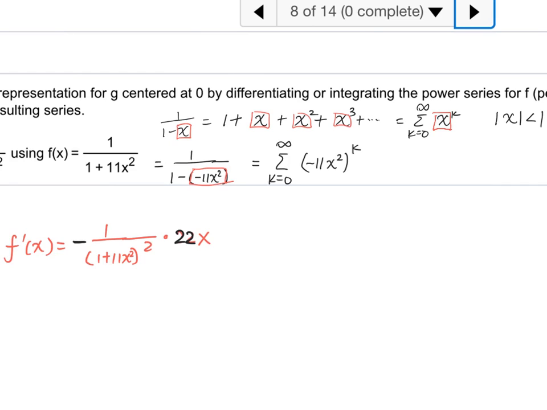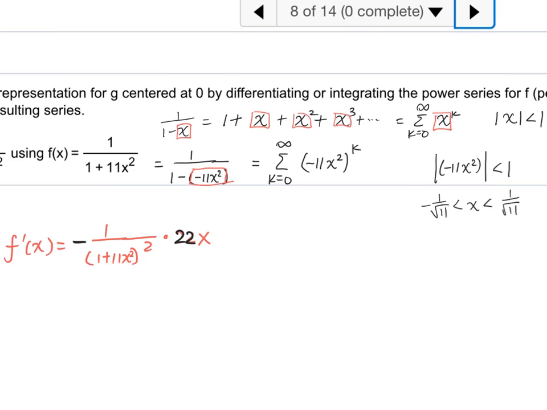And the interval of convergence, you can quickly now write down: negative 11x squared, absolute value of this less than 1, which means x is less than 1 over square root of 11 and greater than negative 1 over square root of 11. That's what it is. Of course, you might need to rationalize it as an acceptable answer.